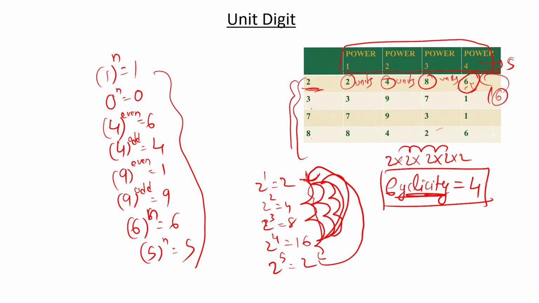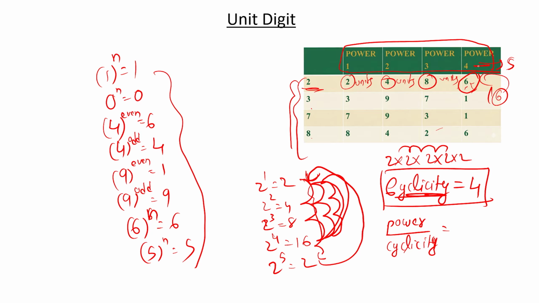So to do the problems which we are going to face in the next slides, we need a formula. What we are going to do is divide the power of the particular number by the cyclicity. If the power exceeds the value of 4, then the cyclicity is automatically 4.